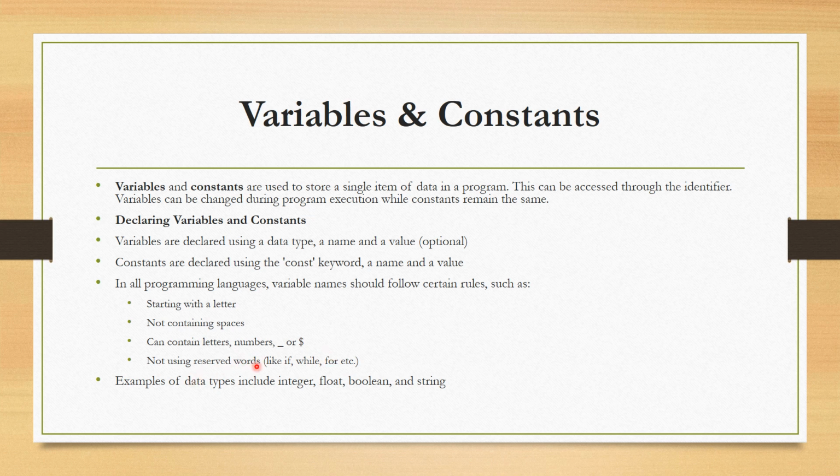I have already explained reserved words. Reserved words are basically words which have some special meanings, right? What are those special meanings and what are those words we will be learning in this chapter. So for right now, you just need to know that reserved words are if, while, for, and a lot of others as well. So you cannot use reserved words as a variable or constant name.